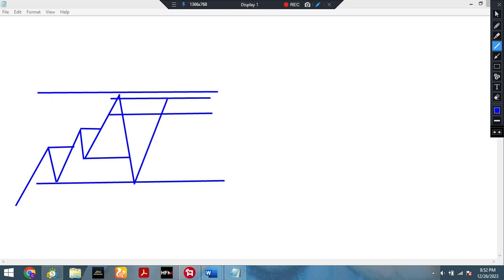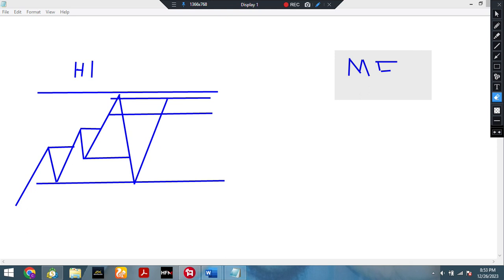Let's say this is the H1 time frame. That means the 1 hour time frame. So we'll be looking for a reaction on M5 or M15.